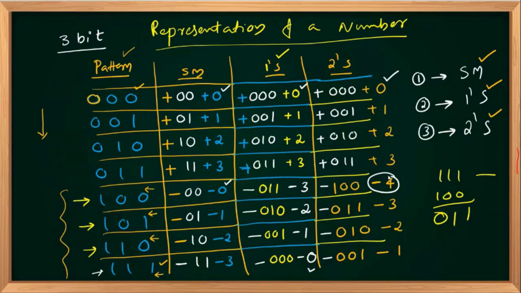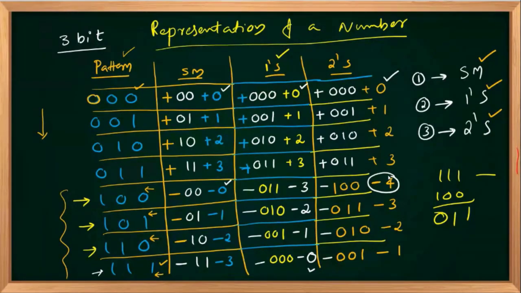If the number is negative, you should put a negative sign and take the remaining n minus 1 digits while evaluating magnitude in the case of signed magnitude representation. If it is a one's complement representation, take a negative sign. Then before evaluating its magnitude, take the one's complement of the pattern. Similarly, if it is a two's complement representation, take the pattern.